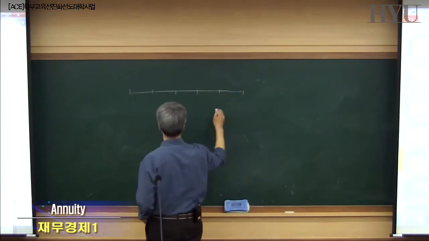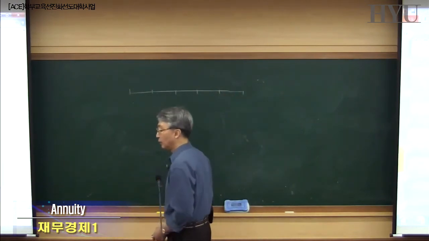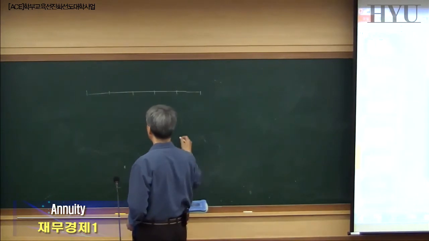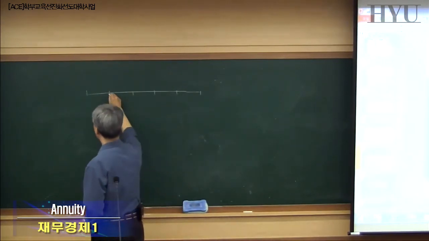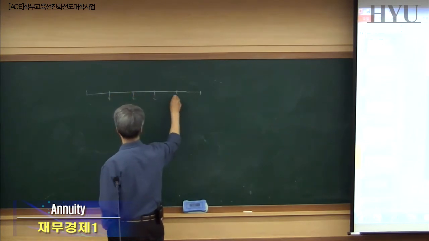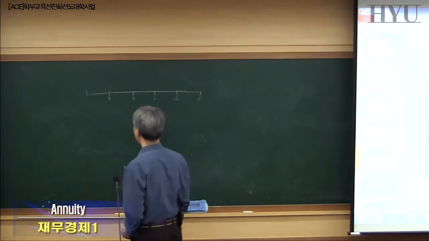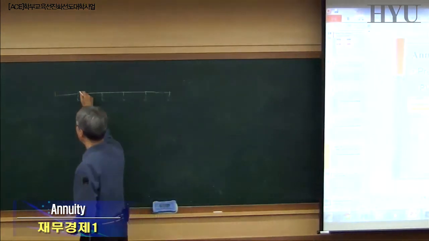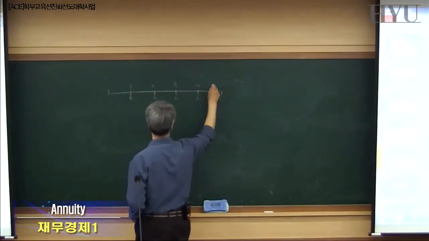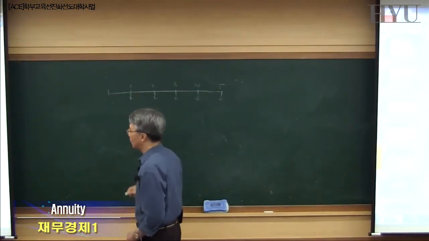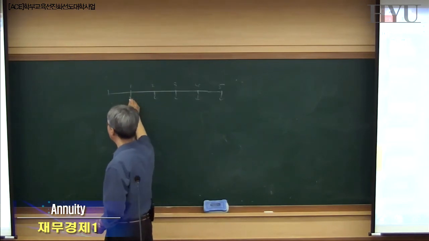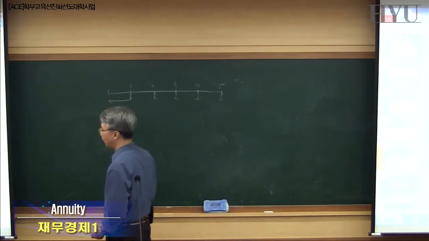let's say, if it were an ordinary annuity, right, then the payments would have been made here, here, here, here, and here at the end of each period, right? So first payment would have been discounted for 1 year.